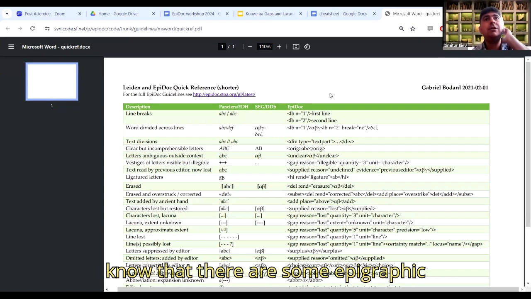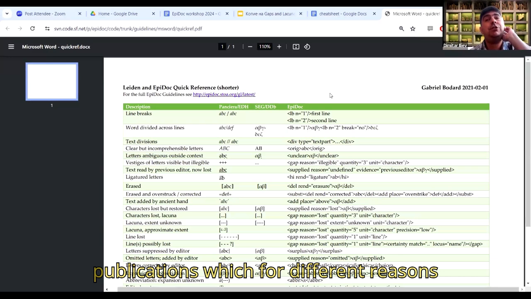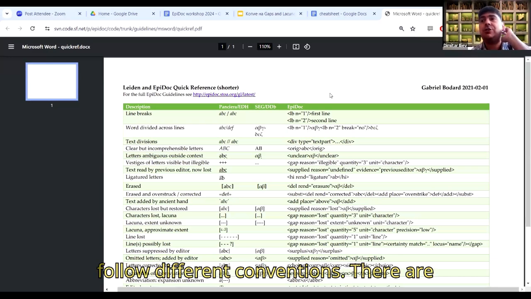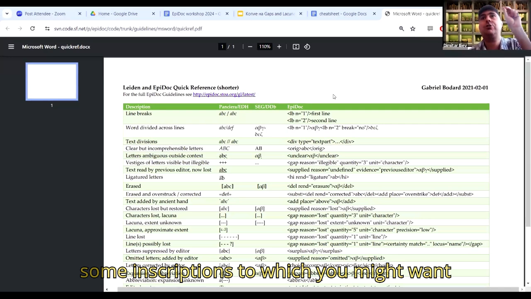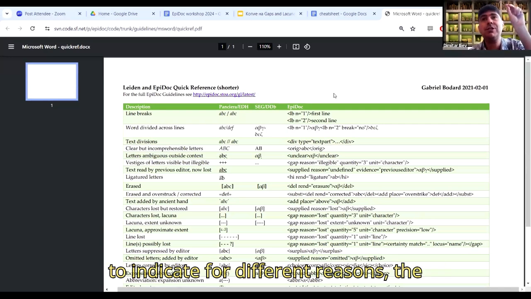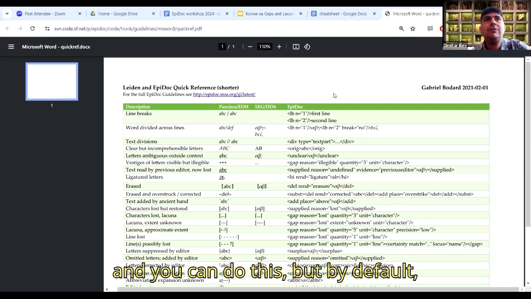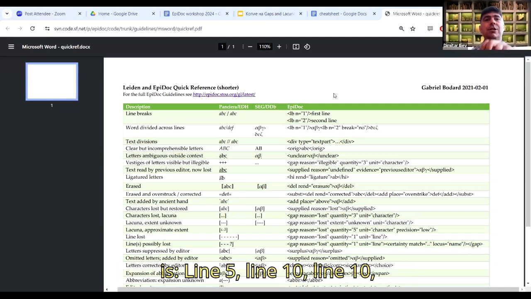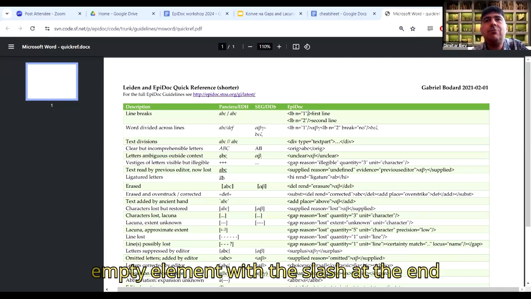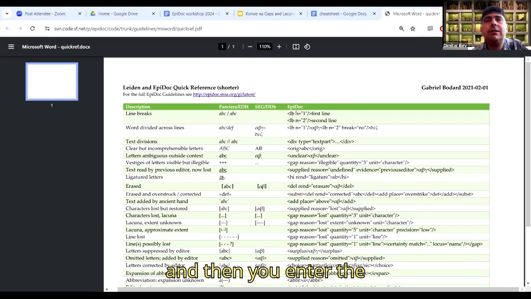But you know that there are some epigraphic publications which, for different reasons, follow different conventions. There are some inscriptions for which you might want to indicate the numbering of every line. And you can do this, but the default visualization is line 5, line 10, line 15, and so on. But you do the lb empty element with a slash at the end, and then you enter the n attribute with the value 1, 2, 3, etc.